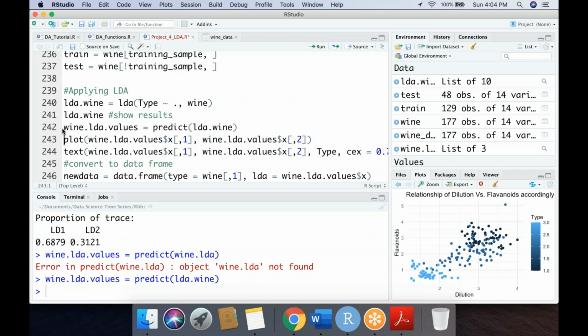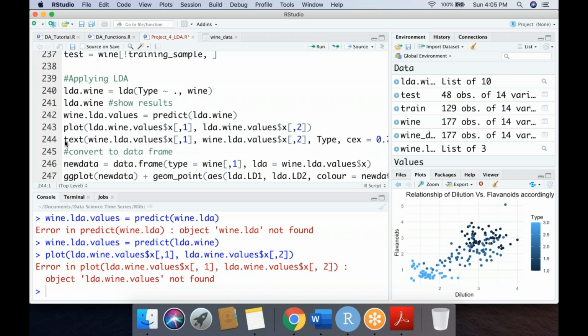Then I have to just hold on for a moment. I have to do a quick check, and I will just reshare the code to you. Sorry, I think this was wine LDA values.